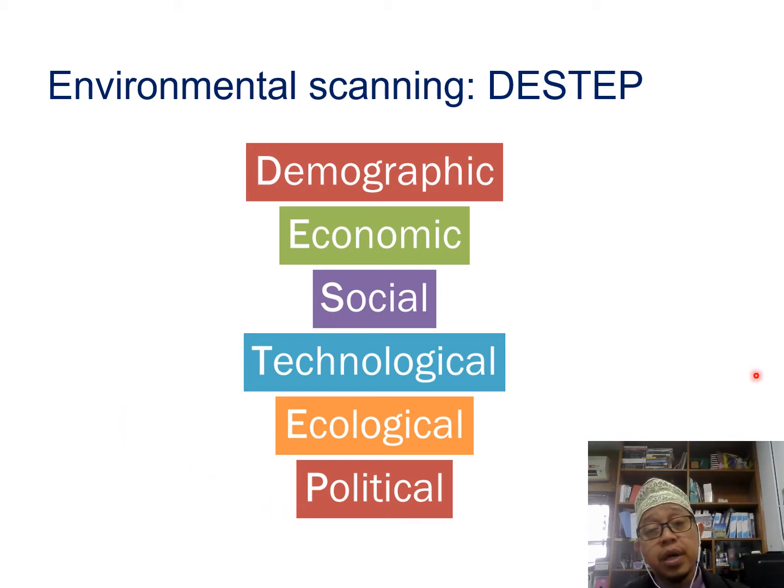So if we look at the issues, we have to look into which group of people is actually affected by the issue, and how that issue will affect the economy, social, technology, and ecological system of the country, and also the political issues of the country.